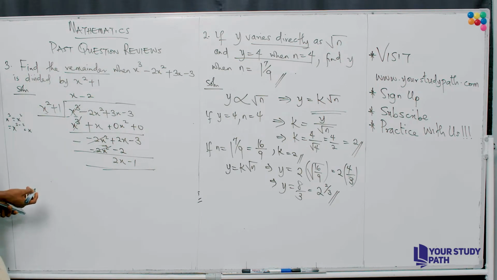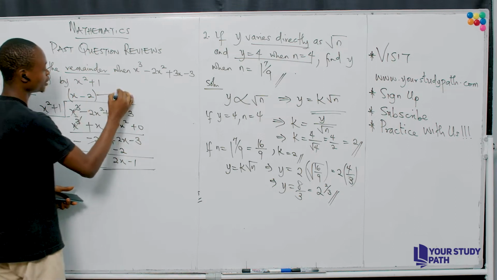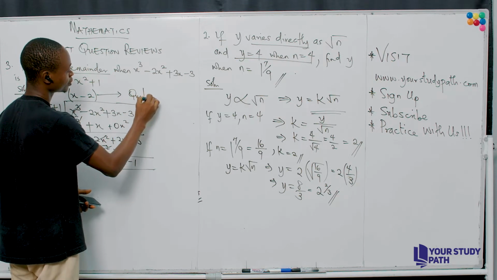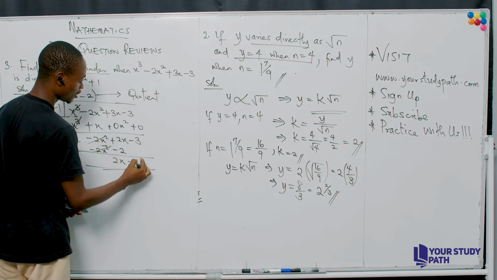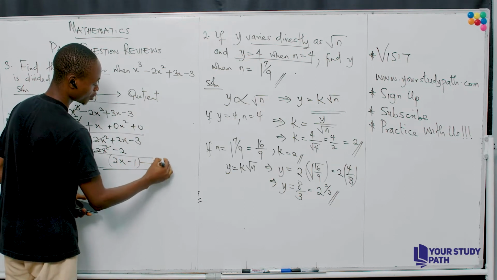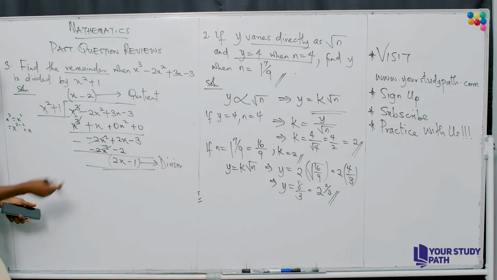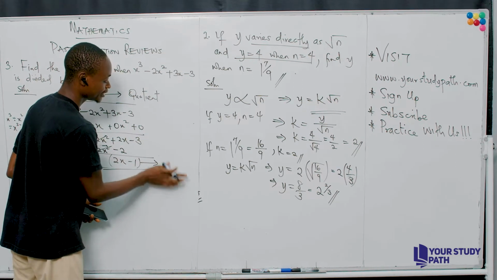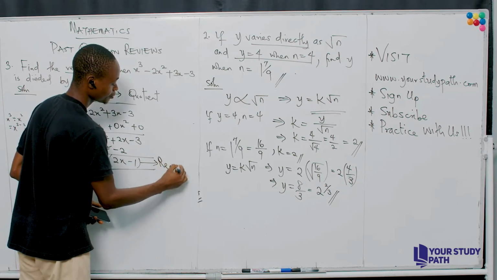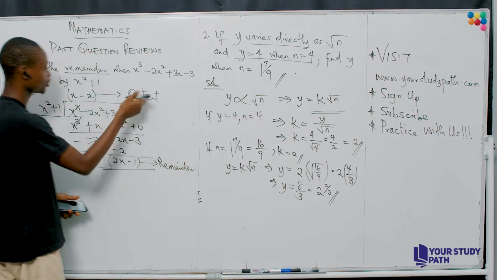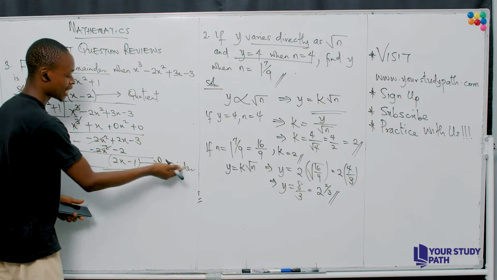So what does that mean? The values on top is called the quotient. And the value left at the bottom is called, sorry, not the divisor, it's called the remainder. So quotient on top, remainder below.